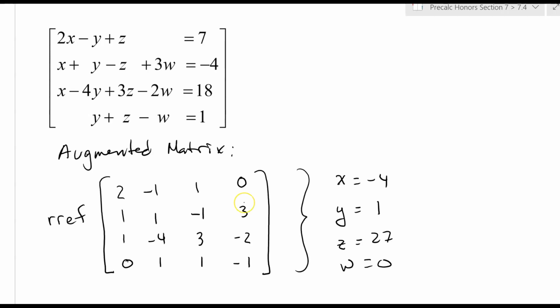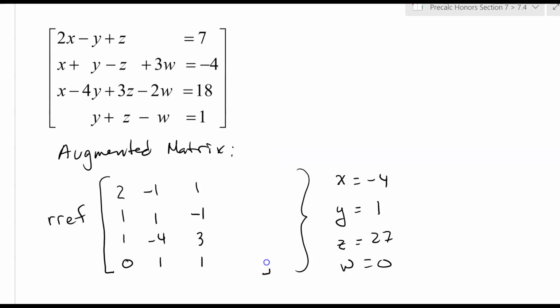All right, so here's our augmented matrix. We're just pulling off the coefficients and what they're equal to. This should be a little bit different here. Not sure what happened there. So this should be a 7, -4, 18, and a 1, and it looks like I missed a column.